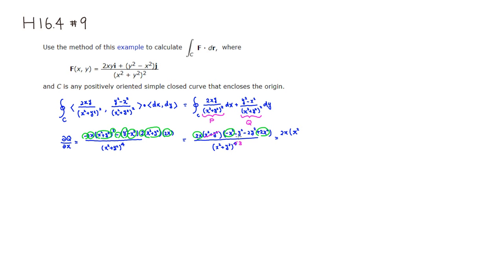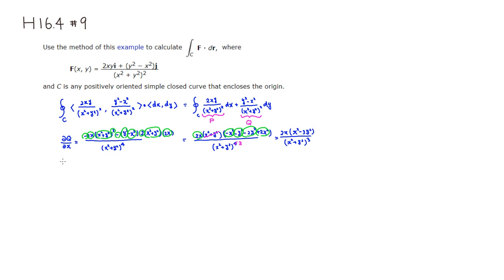Then combining the negative y squared and the negative 2y squared, that's negative 3y squared. So you have quantity x squared plus y squared to the third power. That's the partial derivative of Q with respect to x.